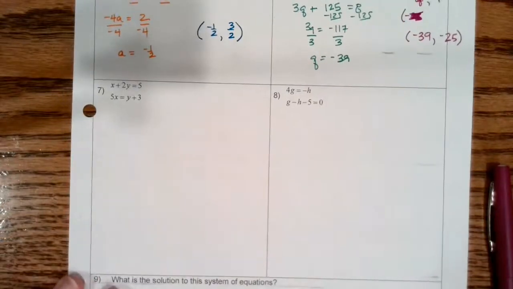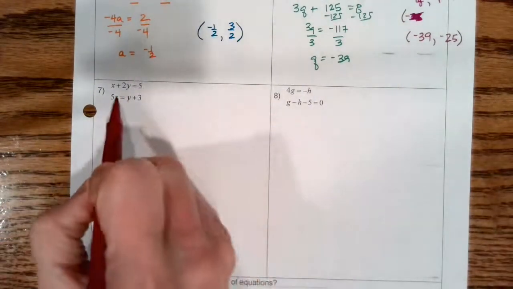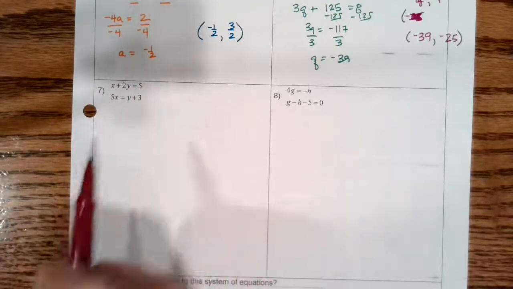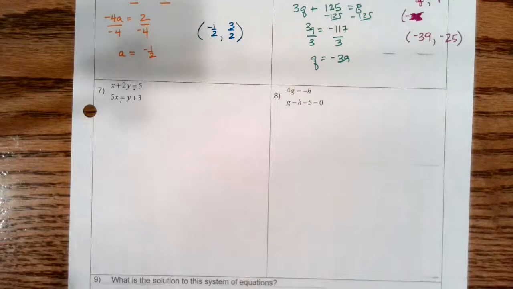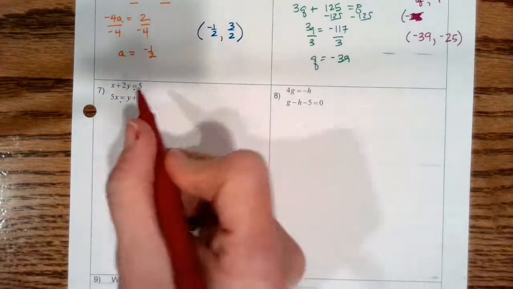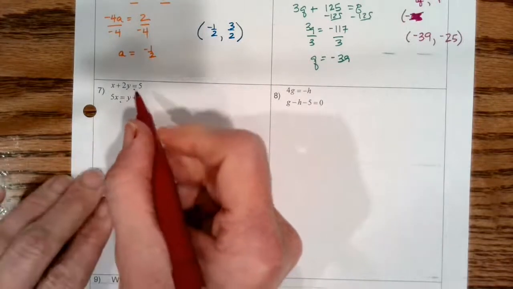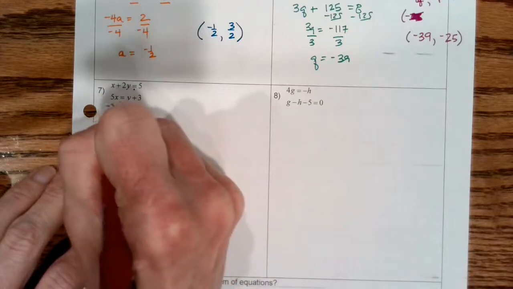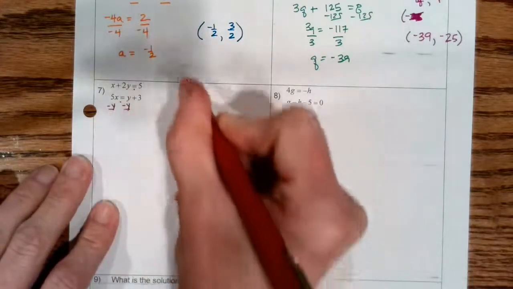When we look at 7, this one's a little tricky because I have my x's and y's and constants lined up, but not my equal signs. Check it out. So I'm going to need to do some rearranging. I need my x's and y's on the same side, so I'll go ahead and subtract y from each side.